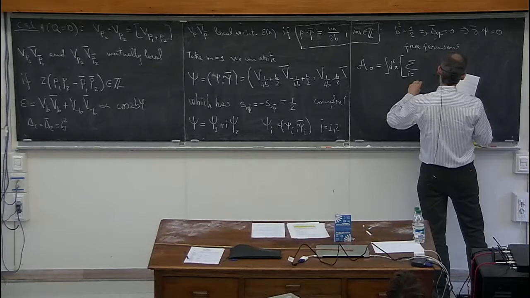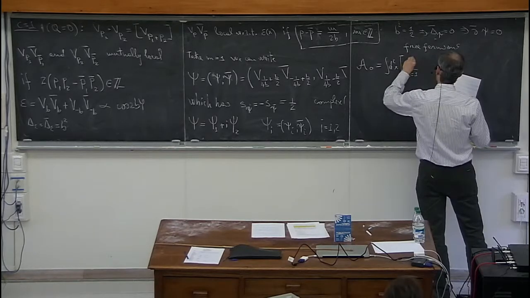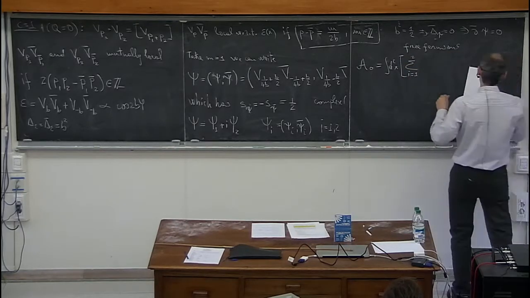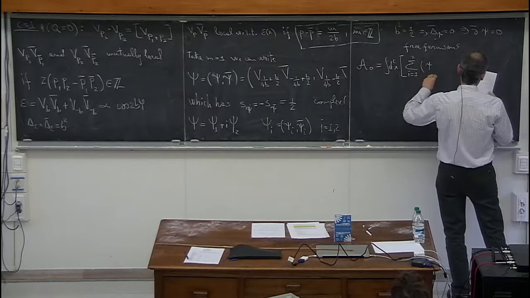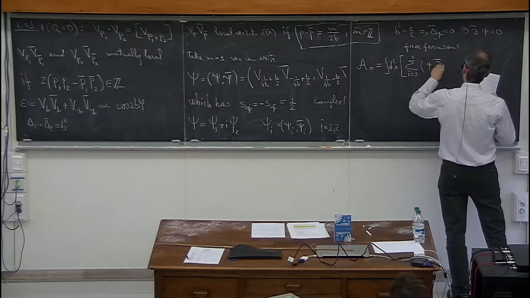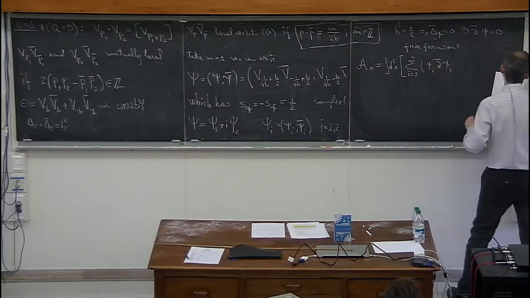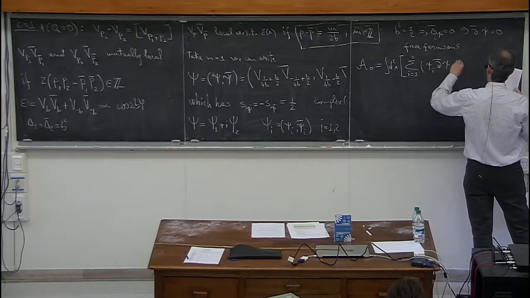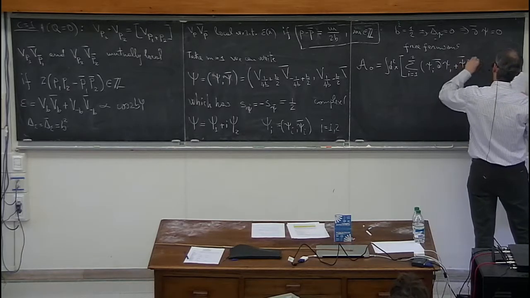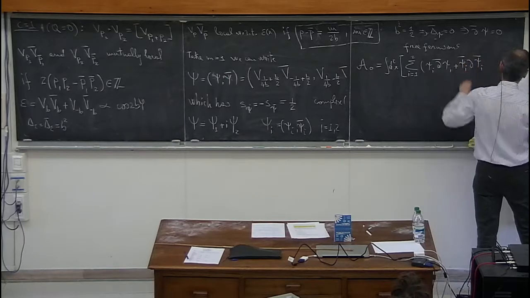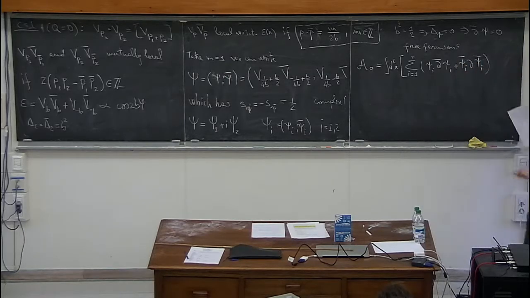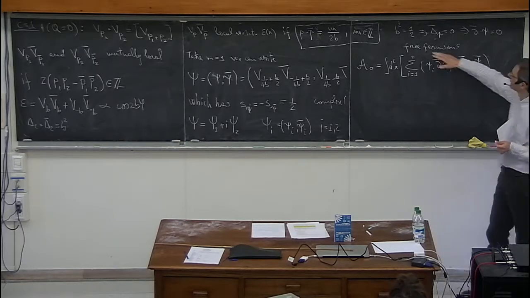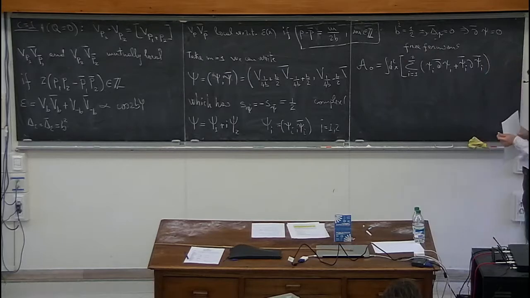I do it with the real fermions, psi. So this is the usual piece for non-interacting fermions. So it will correspond to b square equal 1/2.